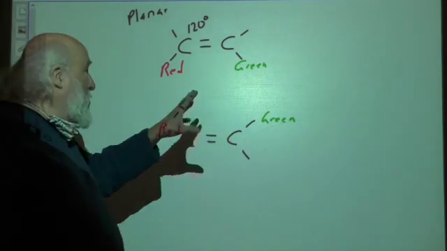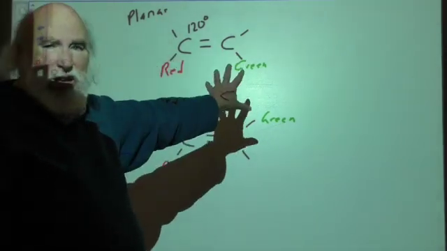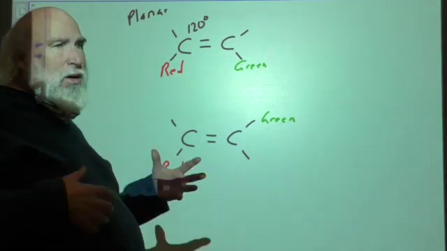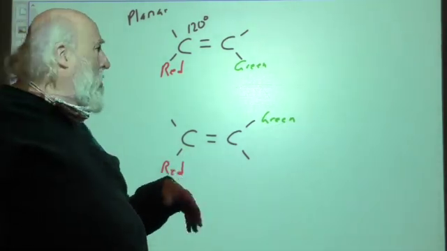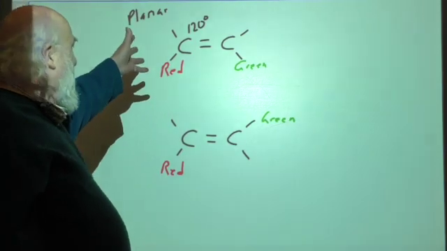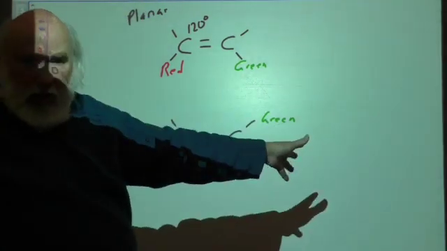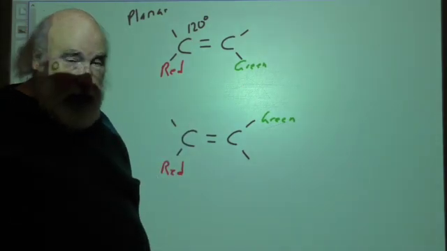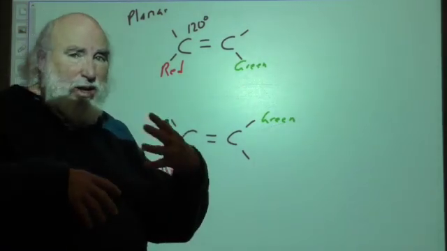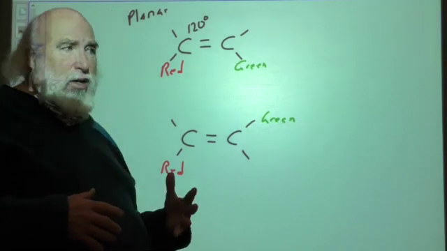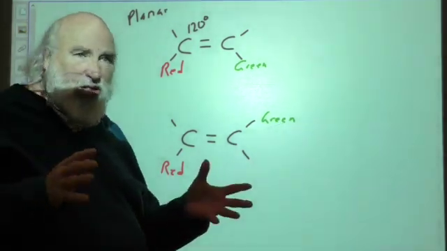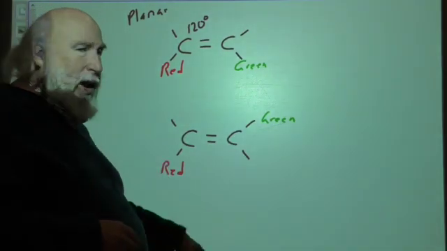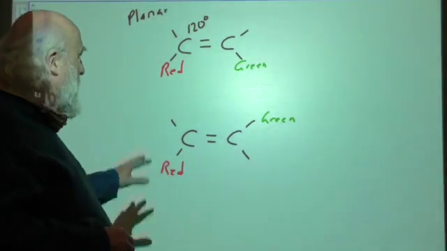This is a geometrically different compound. It is the same group of atoms, C2H2 red green, C2H2 red green. Okay, it's the same collection of atoms or stuff, if you will, but arranged differently. And they must have different names.